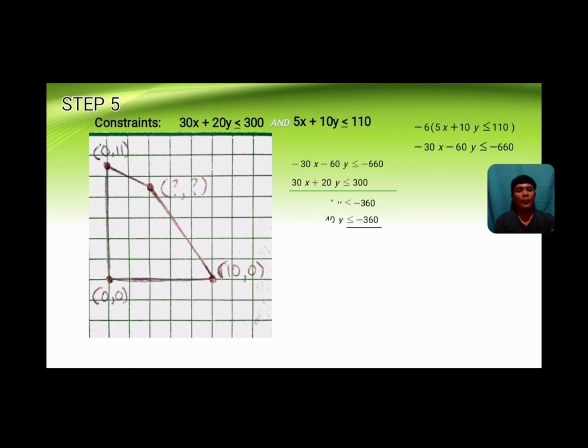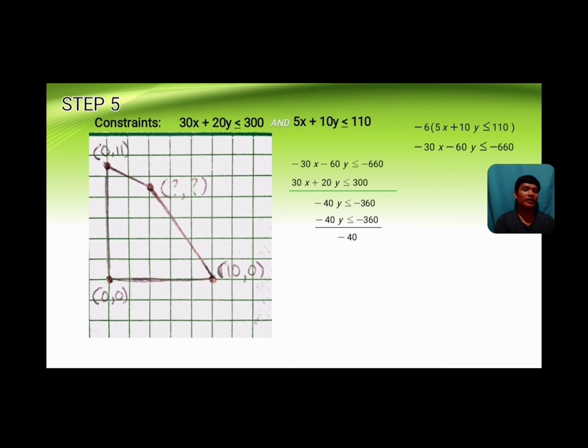Now we got this result: since -30x + 30x is equal to 0, we have the remaining -60y + 20y, which is -40y ≤ -360.